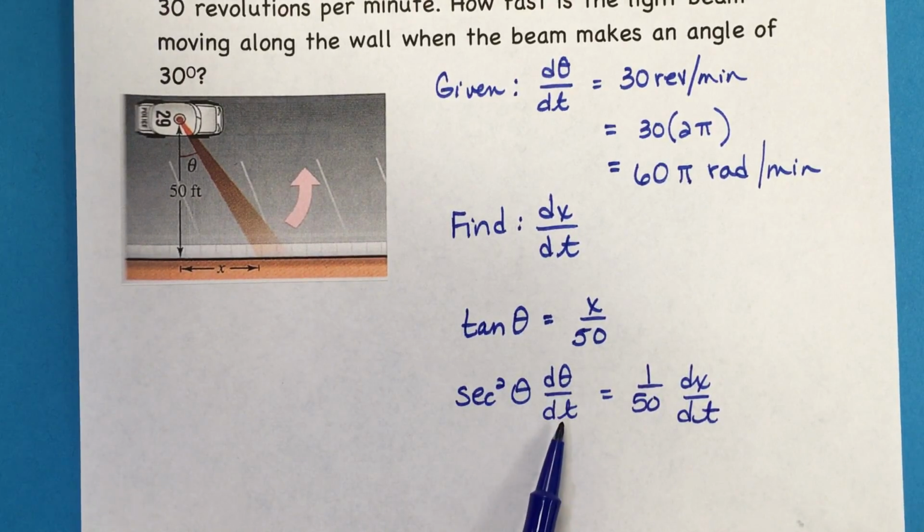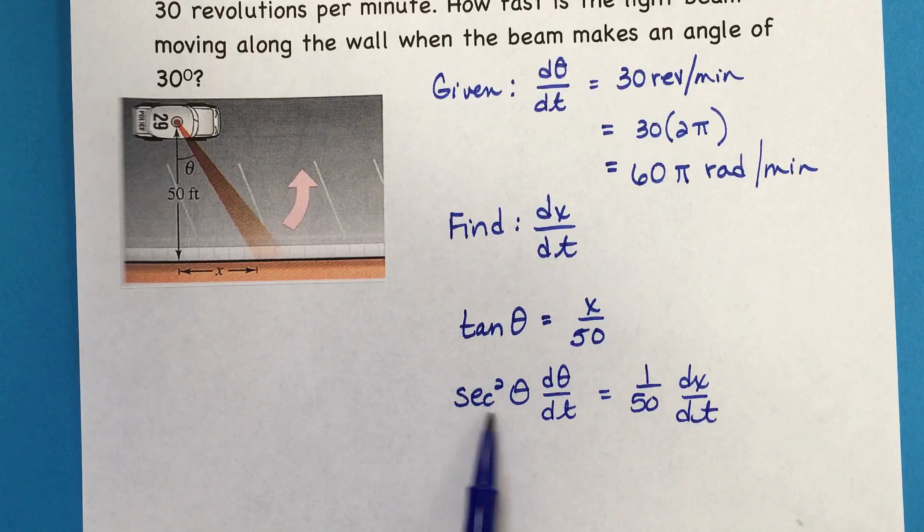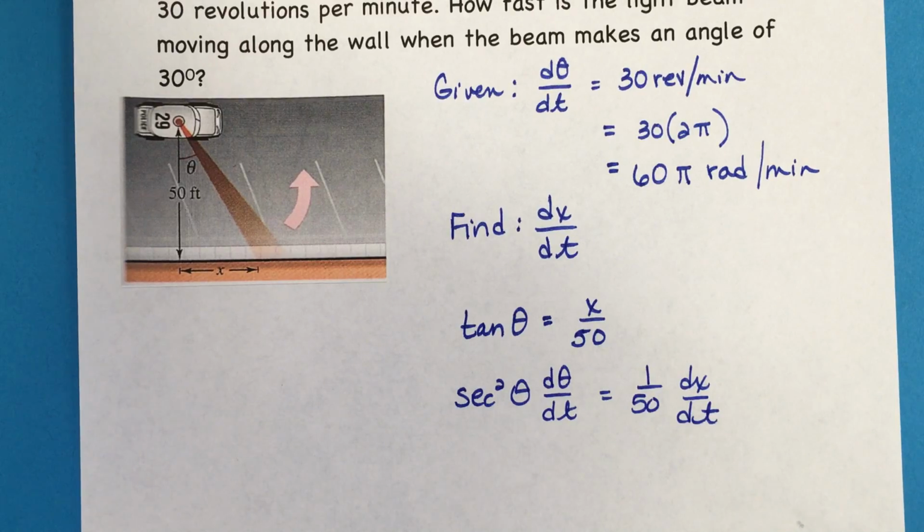I do have d theta dt given to me. Now, a while ago I had to come up with a value to replace all of secant theta with. I actually don't have to do that here. I could, but instead this time I have an exact value for theta, and I meant to go back and write that down.